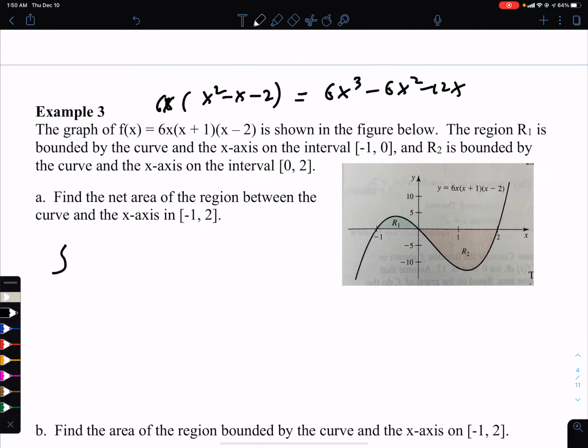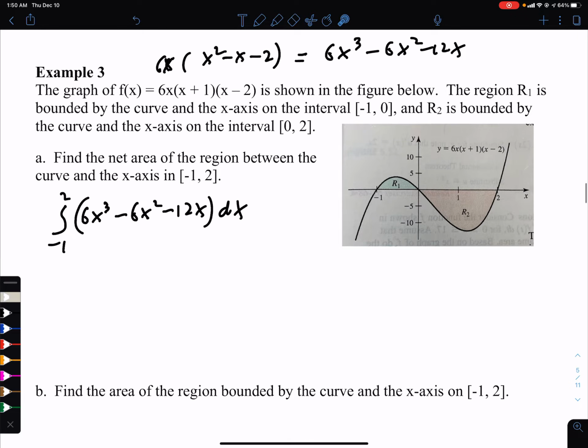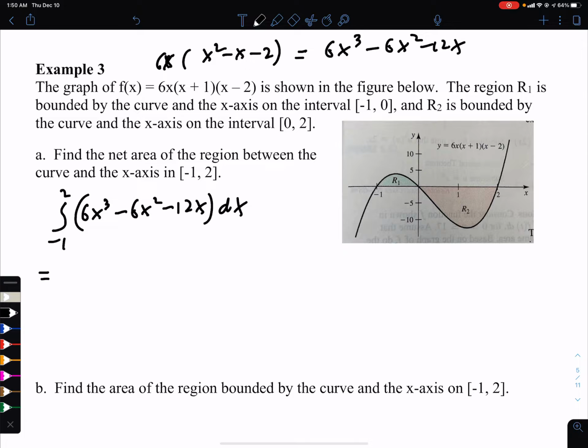So I'm going to integrate 6x cubed minus 6x squared minus 12x dx. And I'm going to go from negative 1 to 2 because we learned this gives us net area. And we learned how to solve that using the fundamental theorem. We find the antiderivative, which is add 1 to the exponent and divide by that. So it's going to be 6x to the 4th over 4.